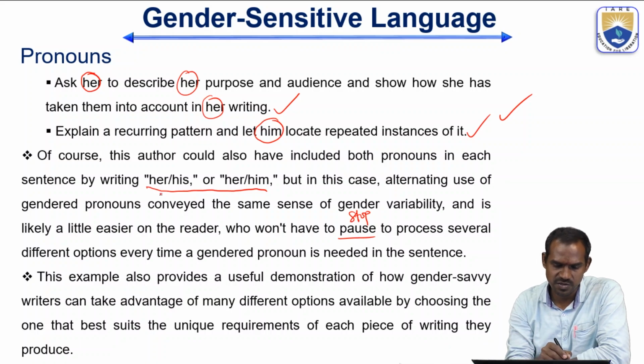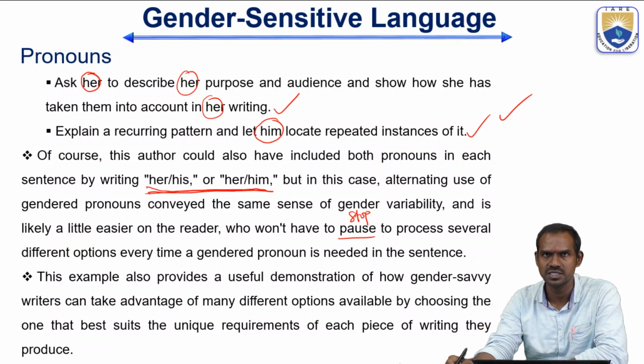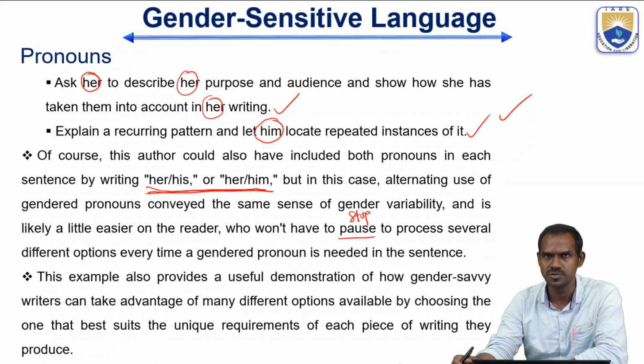So in that case, you can use both in the same sentence, her slash his or her slash him. This example also provides a useful demonstration of how gender savvy writers can take advantage of many different options available by choosing the one that best suits the unique requirements of each piece of writing they produce.